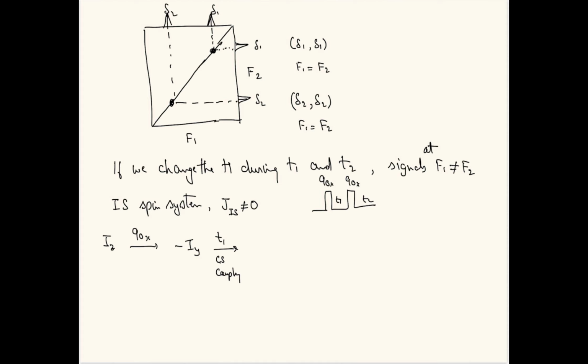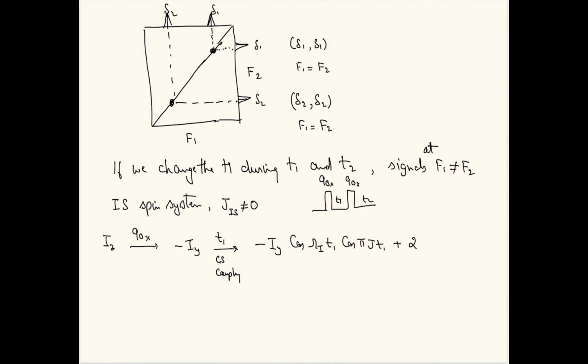I'm just going to write the resultant of this evolution, so you can try doing this at home yourself. So you have minus Iy cos omega I t1 cos pi J t1, right?